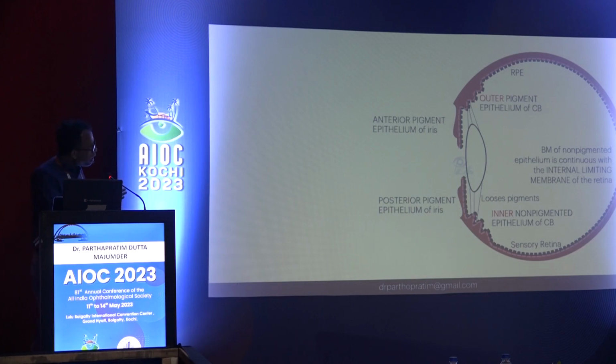Similarly, the posterior pigment epithelium of the iris loses its pigment, and when it goes to the ciliary body, it becomes the inner non-pigmented epithelium. Here you have to remember that the same epithelium which is so heavily pigmented in the iris loses the pigment completely and becomes the inner non-pigmented epithelium of the ciliary body, and that actually continues as the sensory retina.